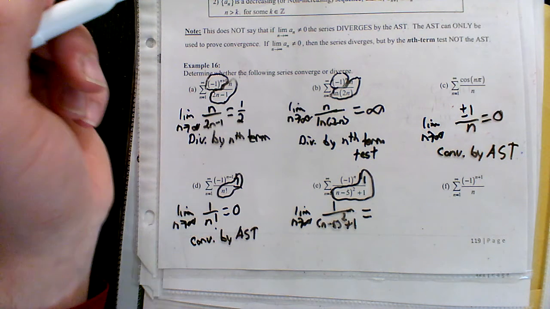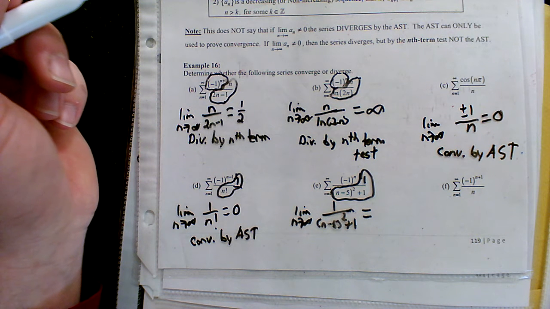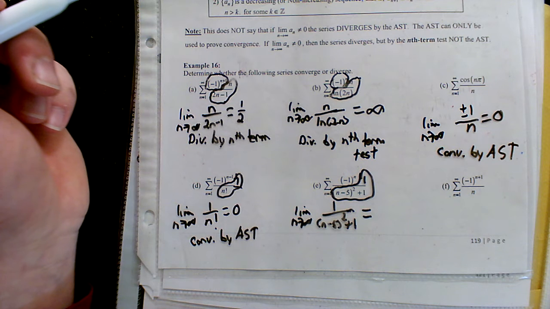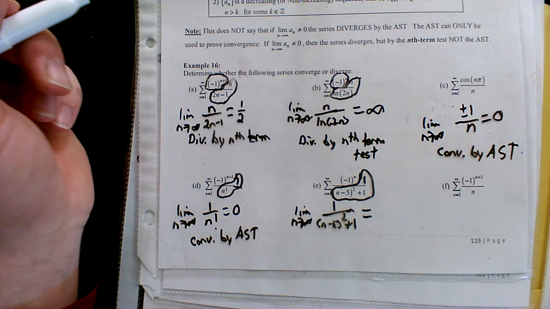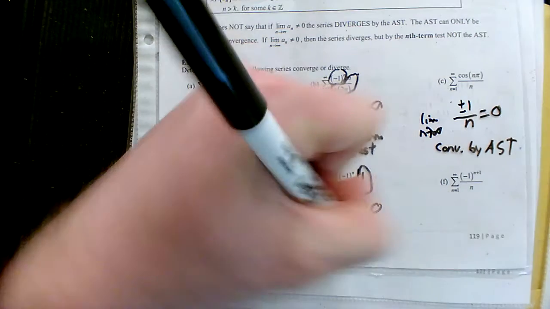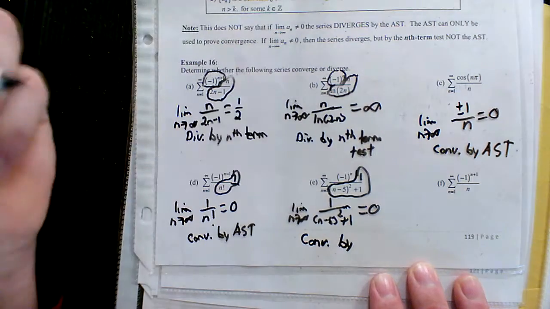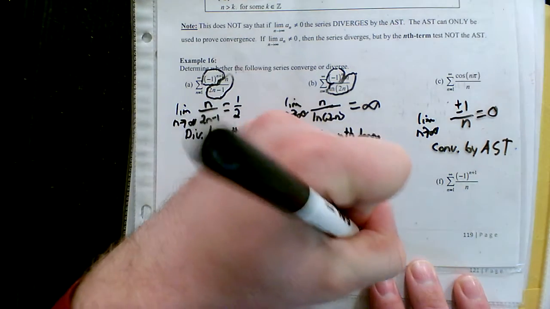Or keep getting bigger? If it does, what are we approaching then? Yep. So like before, converges by what? AST. Yep, alternating series test.